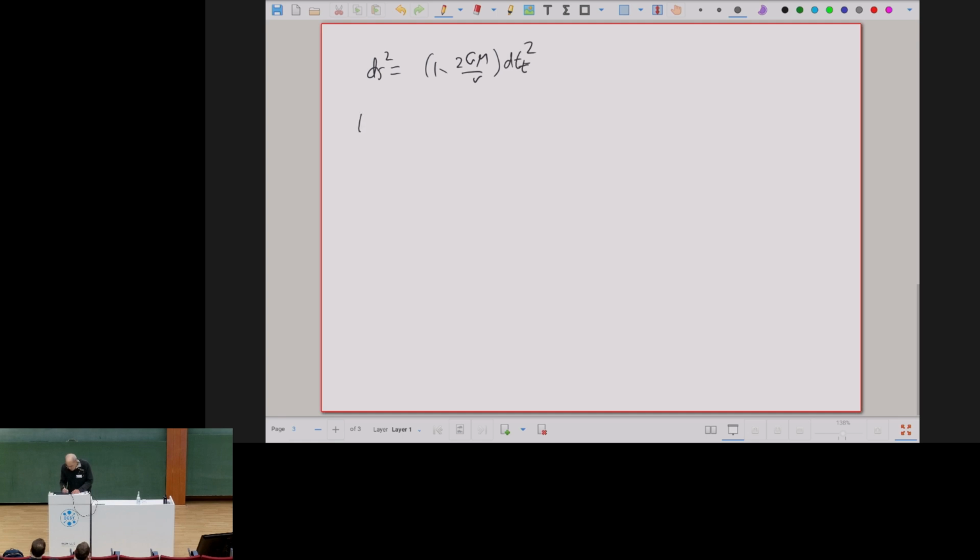I'm going to take the symmetry T_E going to minus T_E and look at the fixed point set of that symmetry. But you have to remember that T_E is a periodic variable with period 8 pi GM. So the fixed point set is really that T_E is 0 or 4 pi GM.